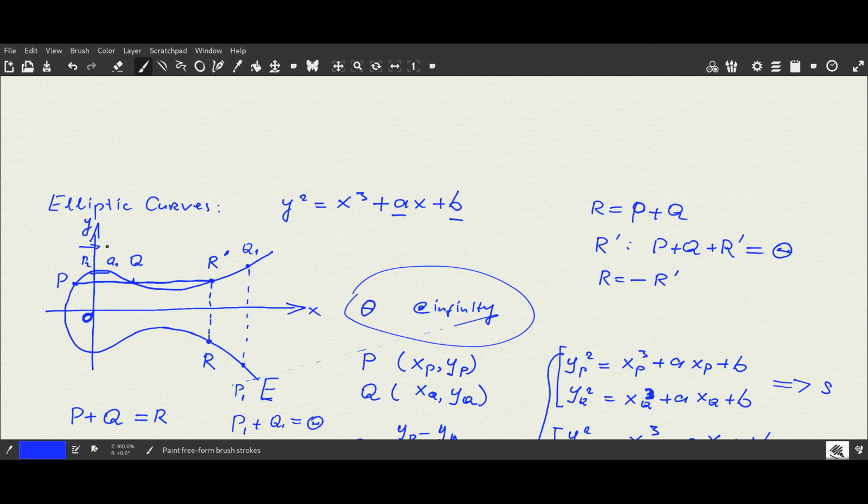And we move them towards each other until they meet. In that case, it is no longer possible to draw a line from P to Q which intersects our curve, but you understand that if 2 points on the curve approach each other, then eventually we get a line which is tangential to the curve, right?